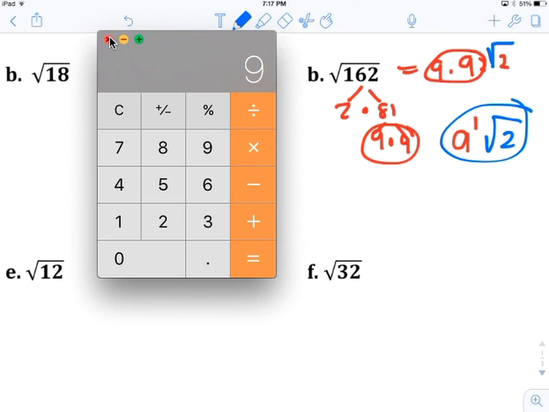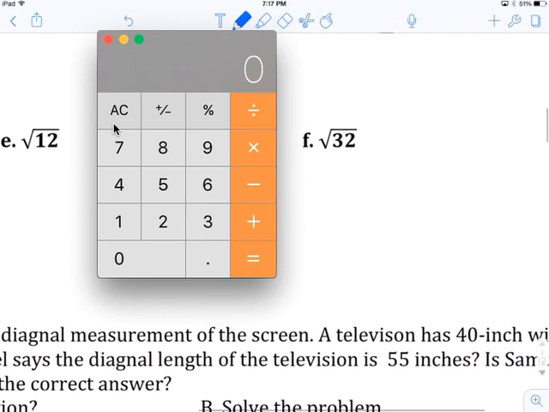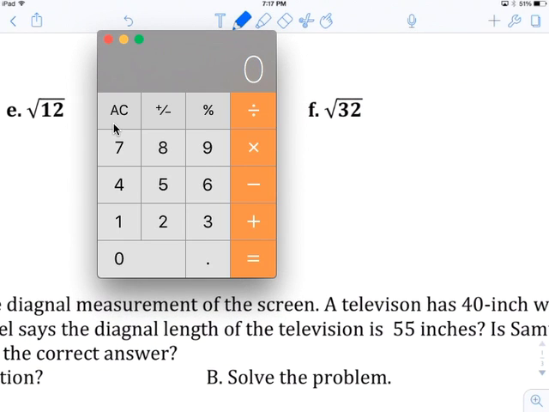Okay, and same thing with 32. So you can see 32, you divide by 2. Let's say you didn't divide by 4. Let's say 32 divided by 4, 8. 4 times 8. And this is 2 times 4.